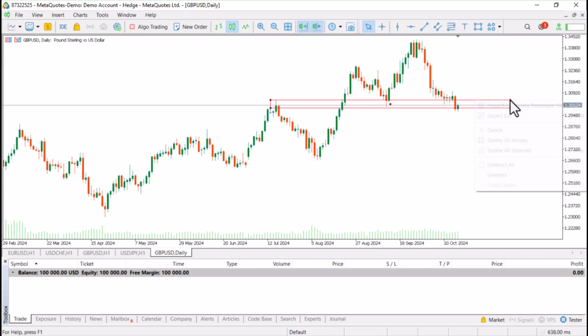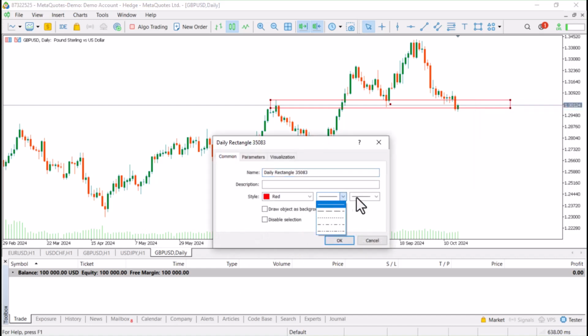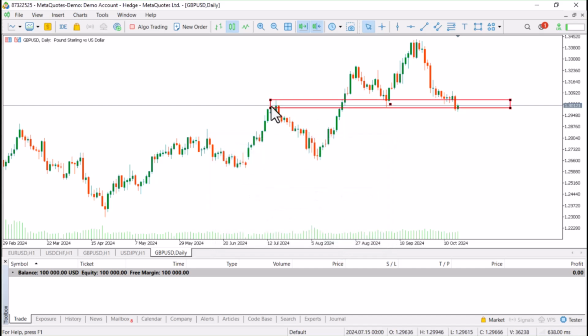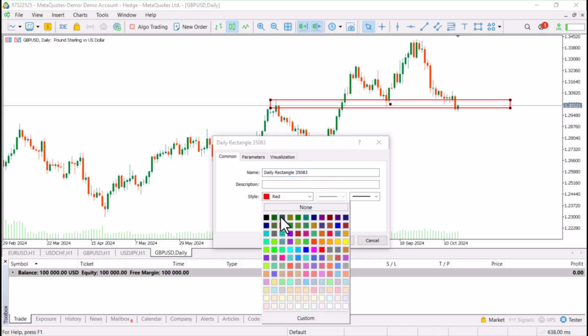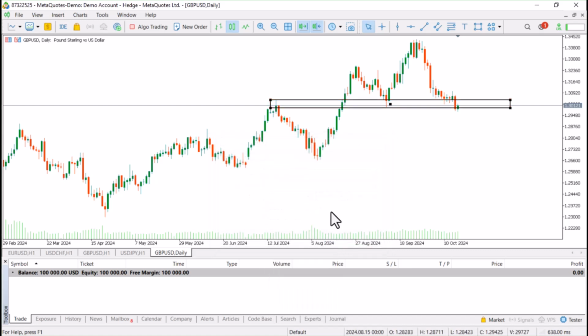Let me make this more bold so that you can see the thickness properly on your price chart, and let's make it black so that you can see it properly. Okay, now let's say for instance we have support at this zone, resistance.